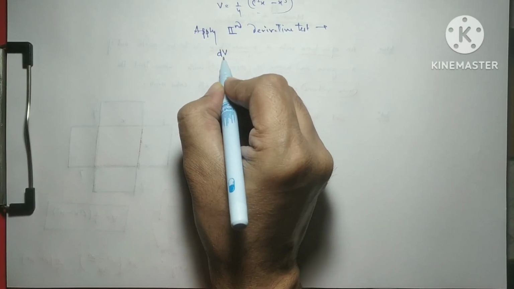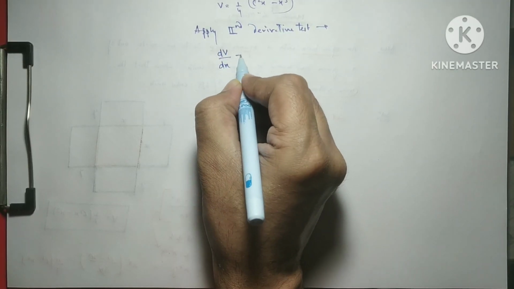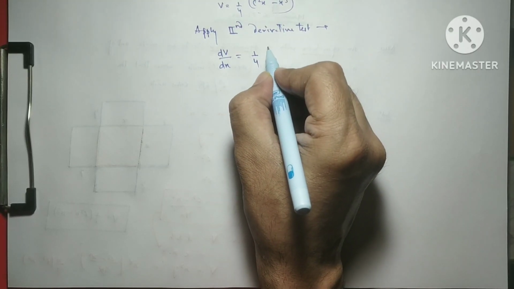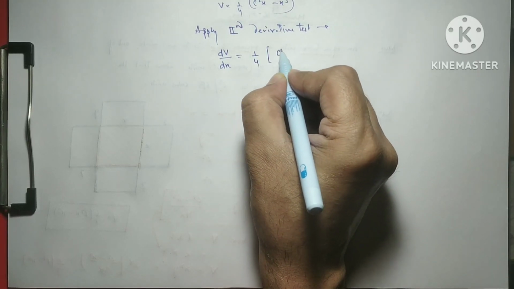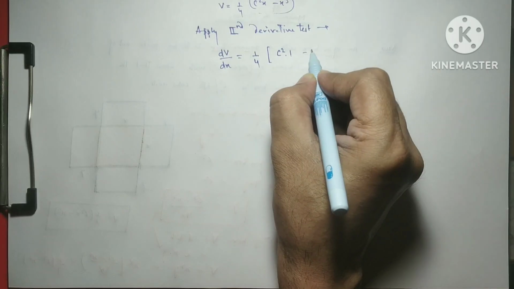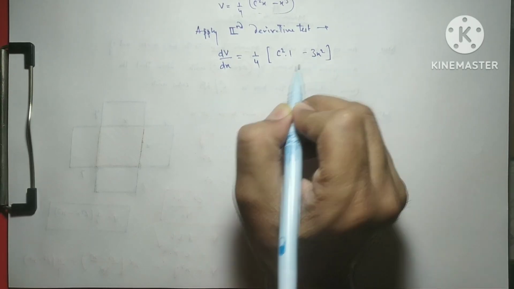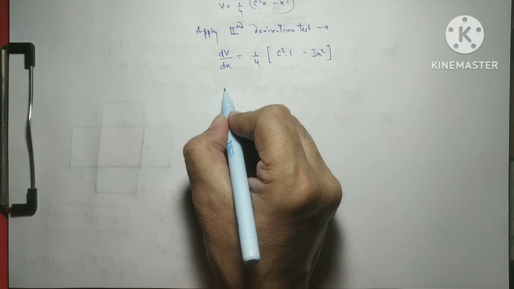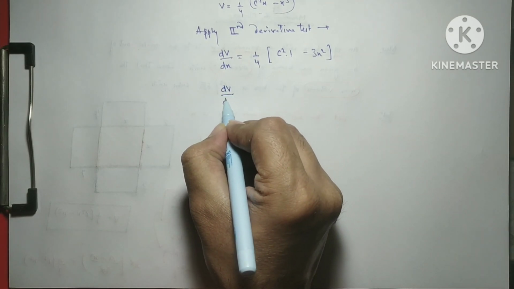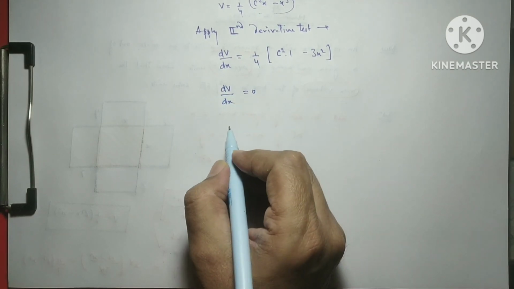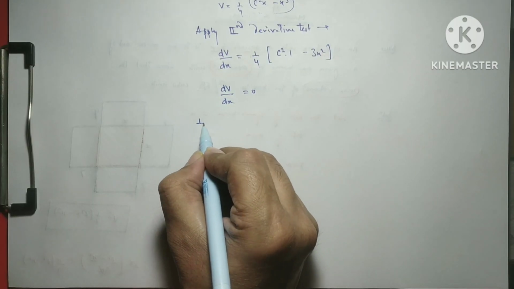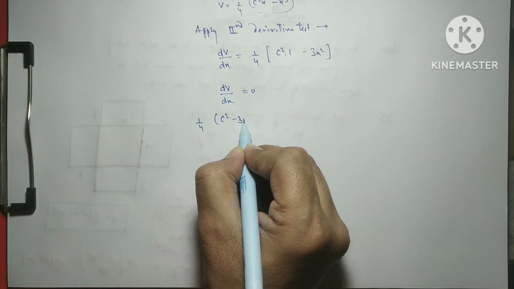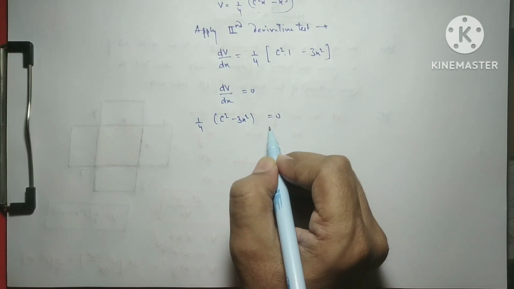First we get dV over dx, and on differentiation with respect to x we get c square minus 3x square, and when we put dV over dx equals 0, we get 1 over 4 c square minus 3x square equals 0.